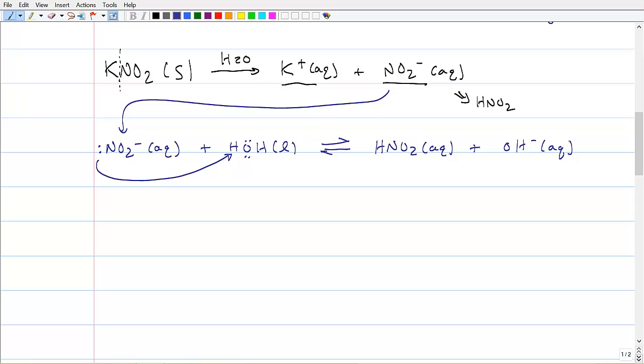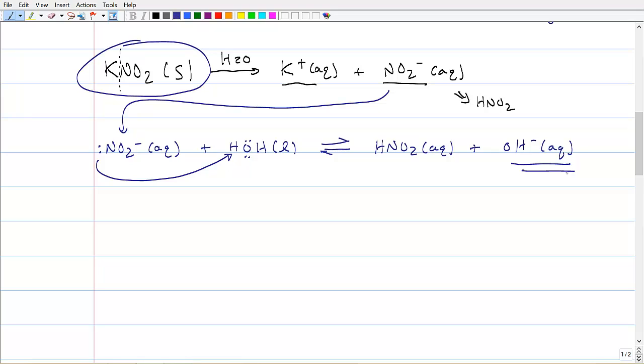So what we see is this thing which we called in the previous video a basic salt because it had a strong base parent and a weak acid parent. We now see why it's called a base, because it produces OH minus, and that's the original Arrhenius definition of a base, something that increases the hydroxide ion concentration in solution.